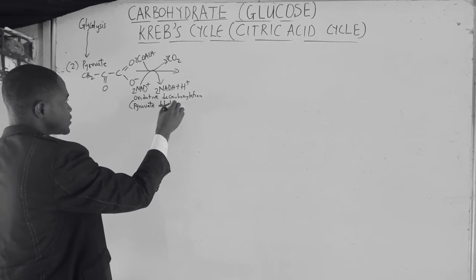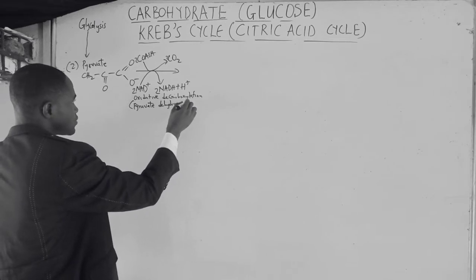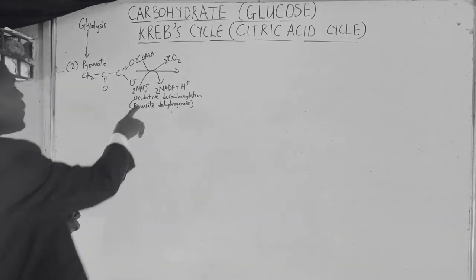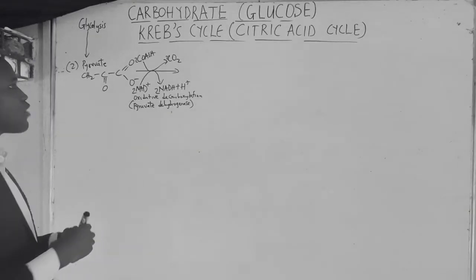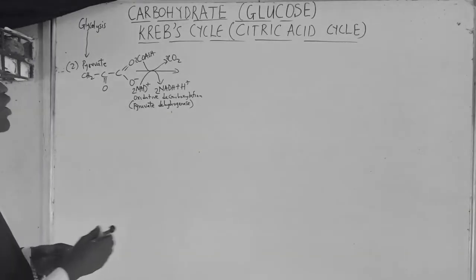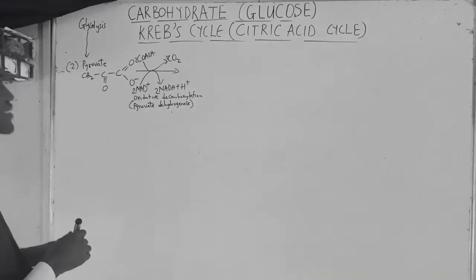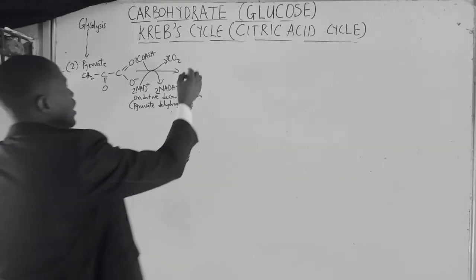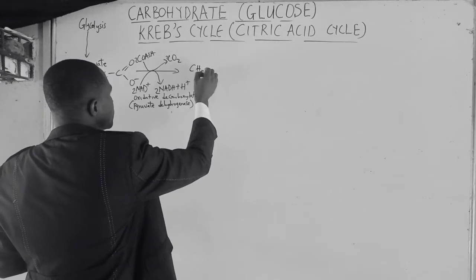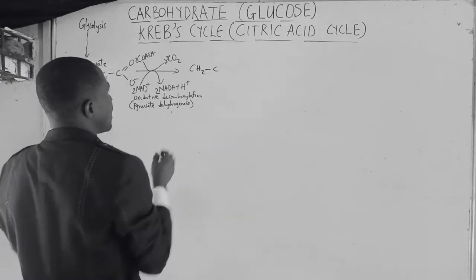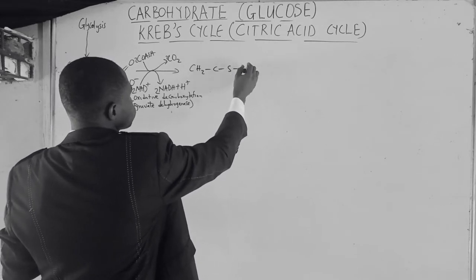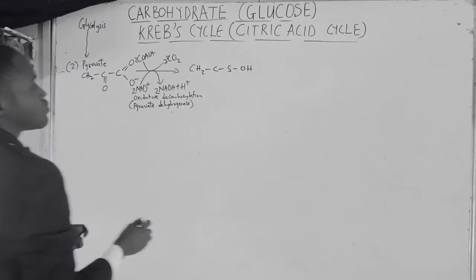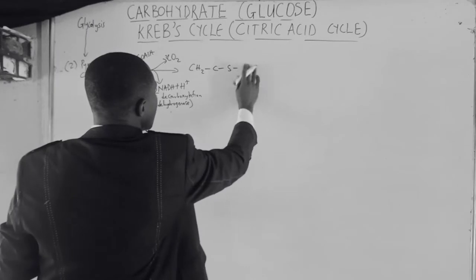So when pyruvate dehydrogenase breaks down 2 molecules of pyruvate, it will give us what we call acetyl-CoA.